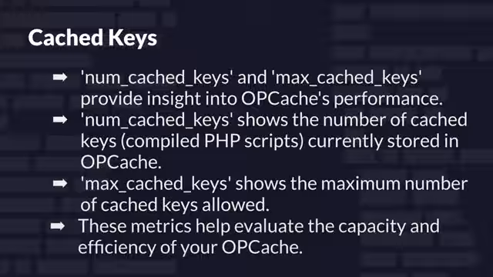If num_cache_keys frequently approaches max_cache_keys, it can be beneficial to increase the opcache.max_accelerated_files value to accommodate more scripts, reducing cache evictions and further improving performance. Regularly reviewing these key items can help you optimize the opcache configuration, leading to improved website performance and reduced server resource usage.